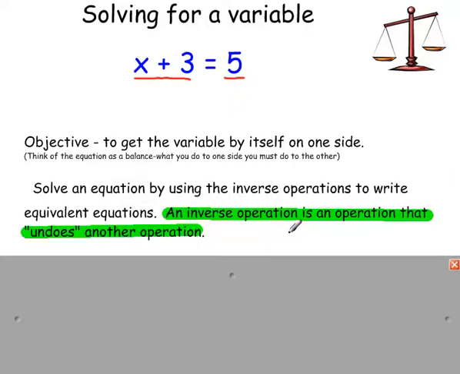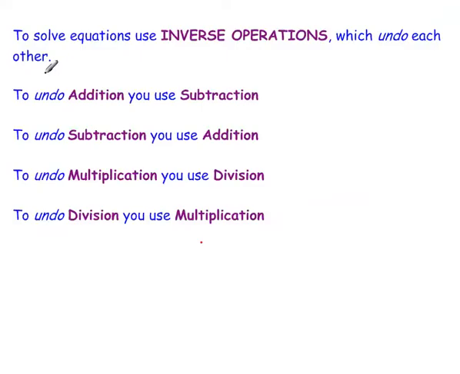An inverse operation is an operation that undoes another operation. If you need to write that in your green vocabulary sheet, you've got room at the bottom. So inverse operations are actually kind of opposites. If I want to undo an addition problem, I'm going to do the opposite, which is subtraction. If I want to undo subtraction, the opposite is addition, so I would add.